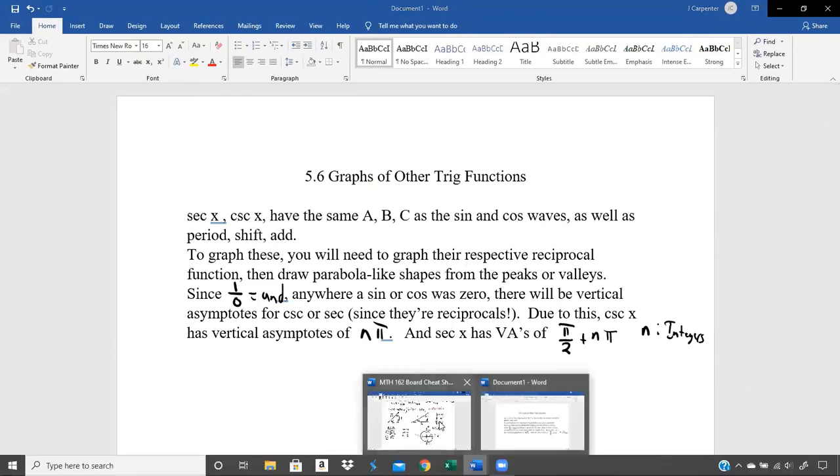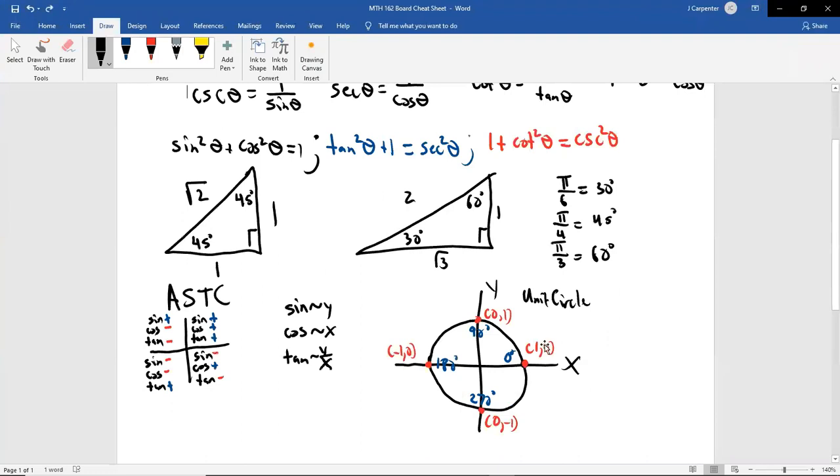Okay, let's go back to the cheat sheet, unit circle. So now we're talking about secant, which means we're focusing on cosine. Cosine takes the x coordinate, which means secant flips the x coordinate. So if we're looking for vertical asymptotes of secant, that means we're trying to figure out where cosine is 0, because secant would then be dividing by 0. So we're looking for x coordinates of 0.